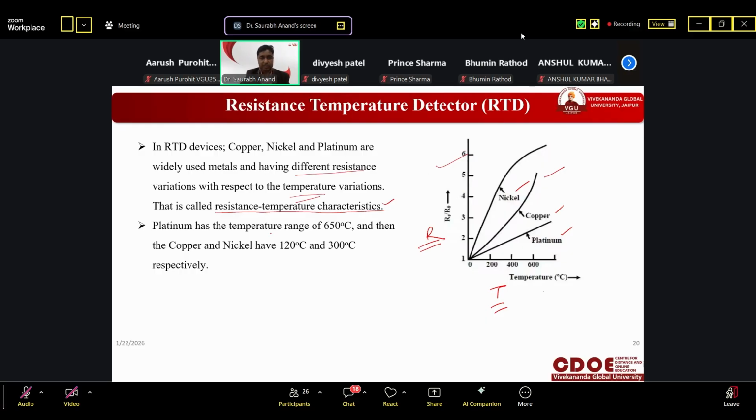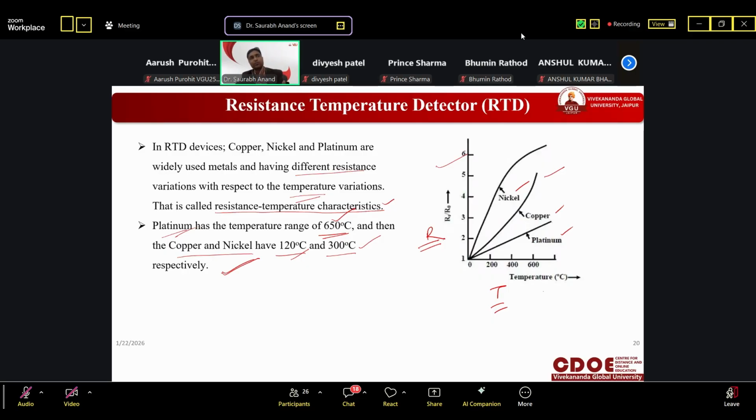The temperature range for platinum is 650, while for copper and nickel it is only 120 and 300, right? So this is the range up to which it can detect the temperature. If we are using platinum, then it can detect up to 650 degrees Celsius. But if we want to detect very low temperature, that is 300 or 120, then we can use the metal accordingly, depending upon the application where you want to use it.